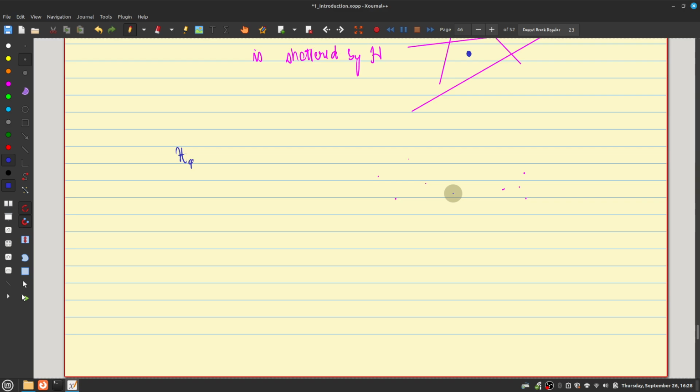I'll split this into 2 scenarios. One is where x1, x2, x3, x4 form a quadrilateral or a convex polygon.